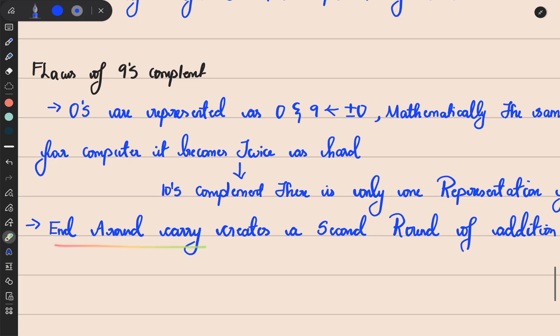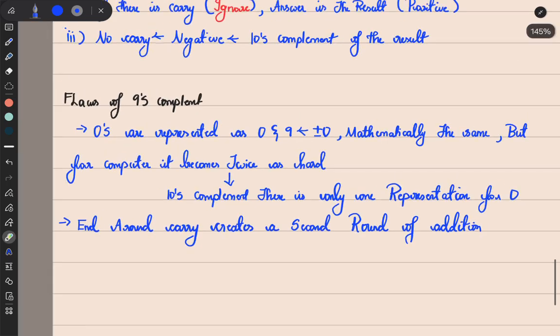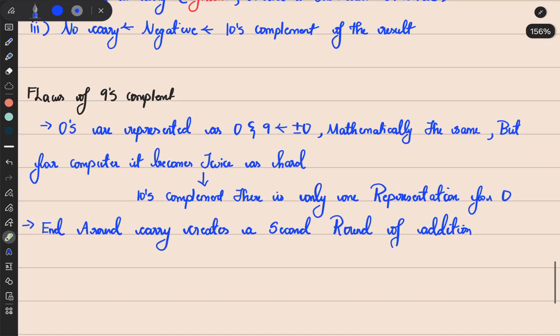So when we have an end around carry, we have more than one round of addition, which makes the hardware a bit tough and is also a bit time consuming. Instead of that, in tens complement, we do not have a second round of addition, but we add one during the tens complement itself. So the carry is already added, and if there is another carry, it is ignored. It is as simple as that.